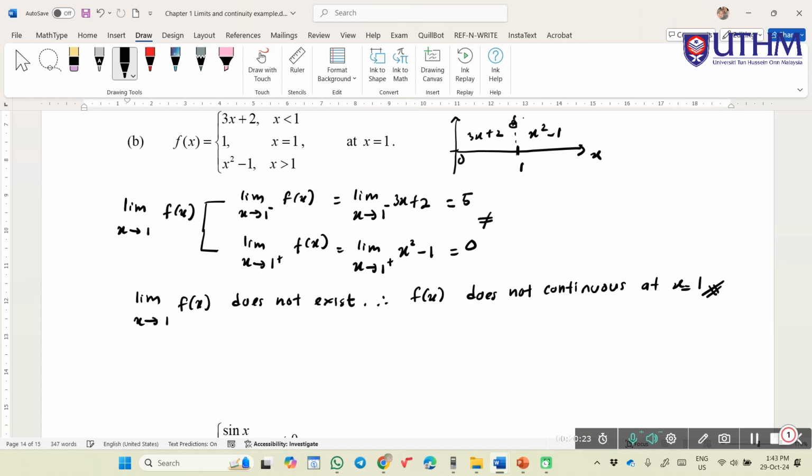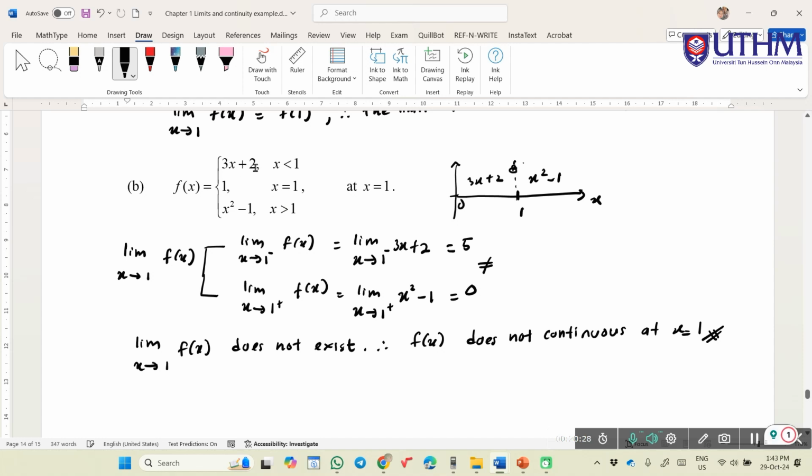Why? Because of the limit. If you sketch the graph, let us try sketching the graph. Let's say 1 here. When x equals 1, we have 5 here. When x equals 0, we have 2.